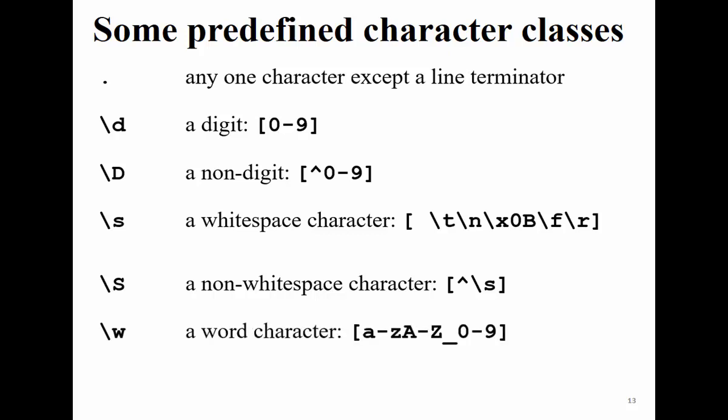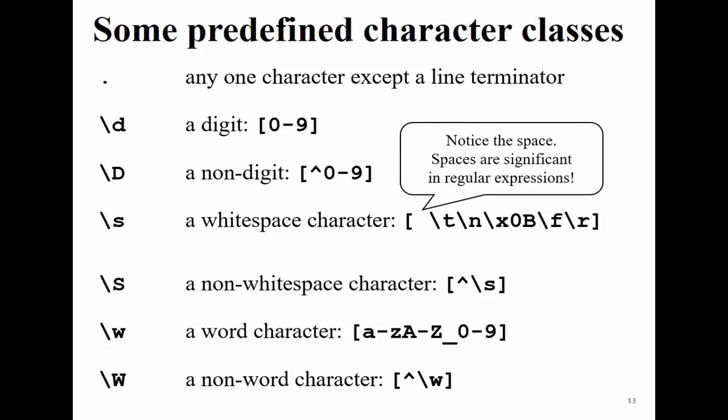And also backslash and W, we're looking for word characters, which can be any small letter, capital letter, underscore, or any digit. If you use W capital, in this case, you are looking for non-word characters. All these predefined character classes allow us to easily create patterns more compactly.